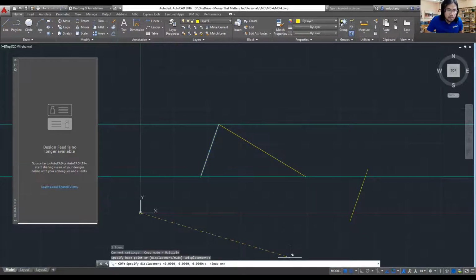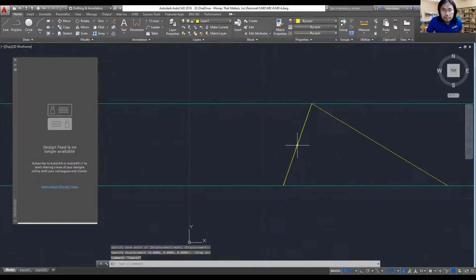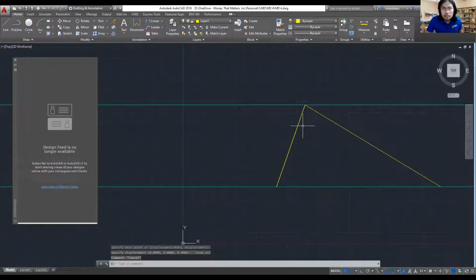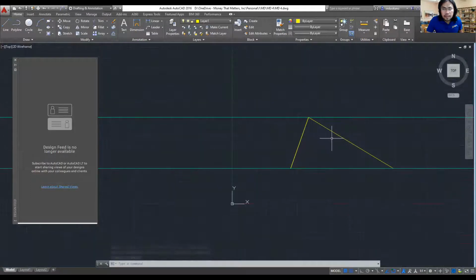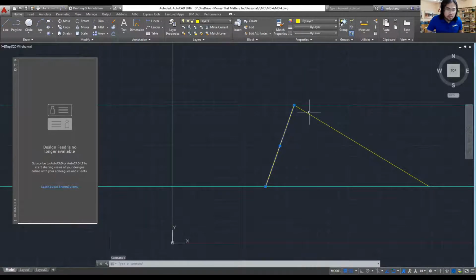We do the same line to represent the 20 centimeter per second velocity.